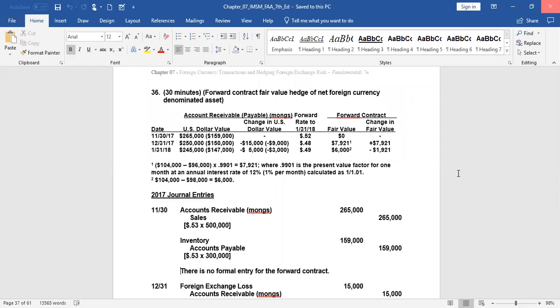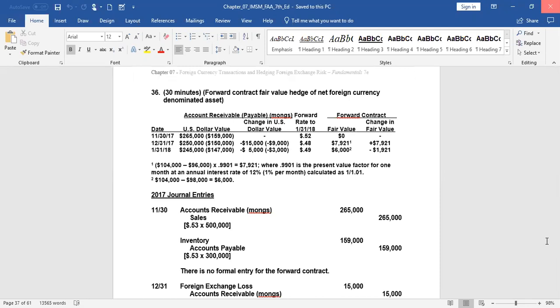November 30th, 2017, Eximco sold equipment at a price of 500,000 Hmongs to a Managuan customer that will make payment January 31st, 2018. So they're going to have an accounts receivable on their books from selling that equipment to that customer.